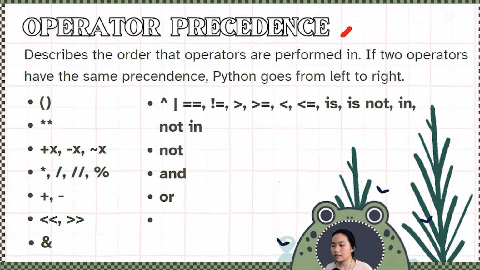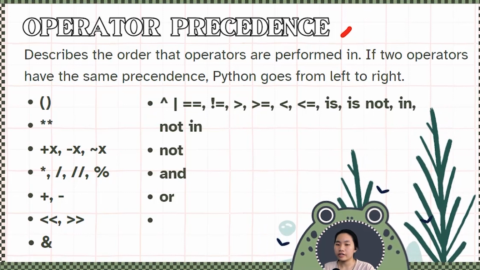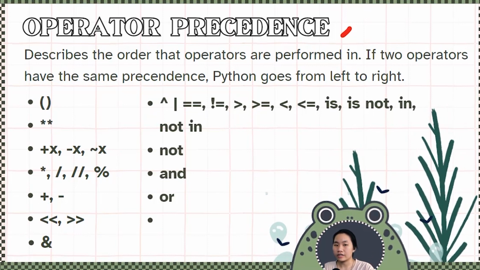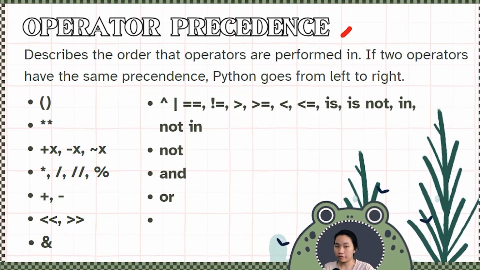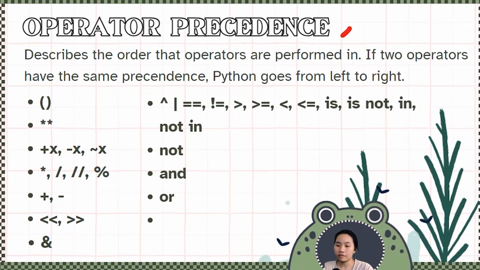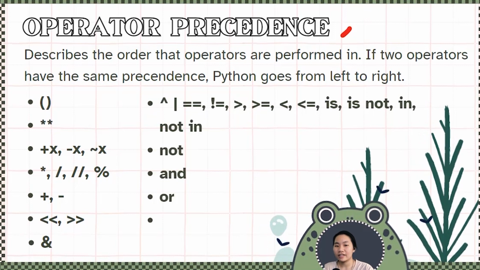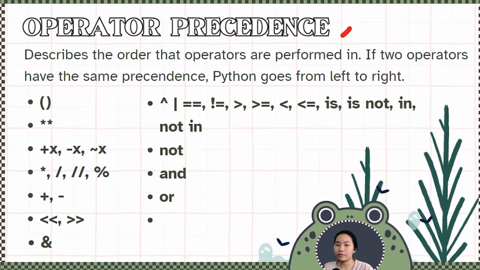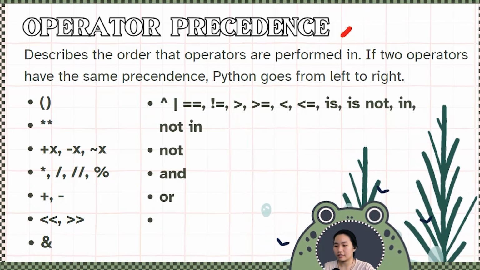Last but not least, operator precedence. Very similar to mathematics, operator precedence gives priorities to certain operators. If an operator has a higher priority, Python would deal with them first. If an operator has a lower priority, Python would be like, maybe later, right? I will work on the higher precedence ones, and then I will move on to the ones with lower precedence, okay?